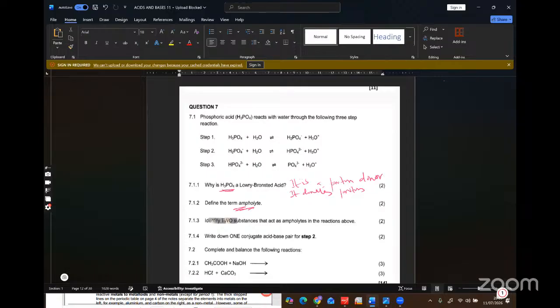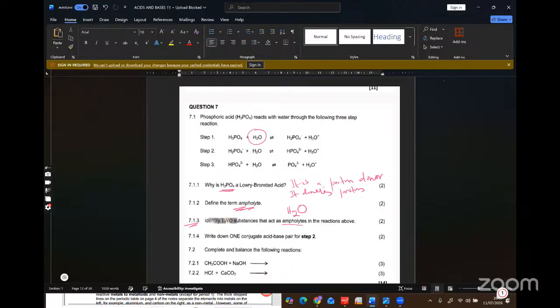Two substances. Now, as a given, I told you this previously. The most obvious example of an ampholyte is water. So anytime they ask you for an ampholyte, look for water.